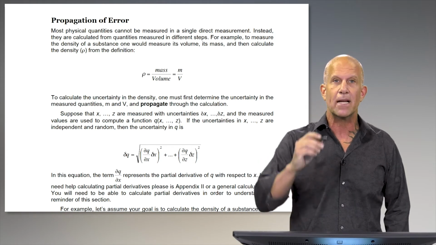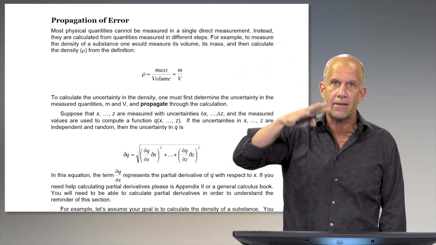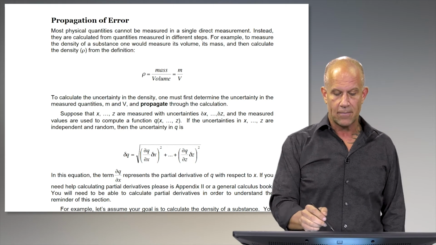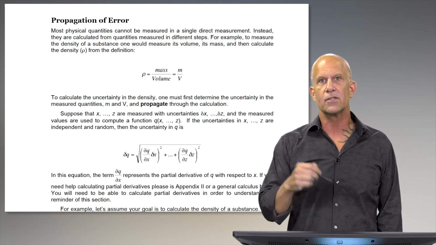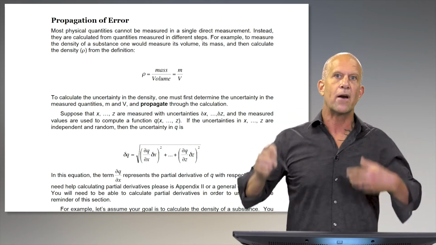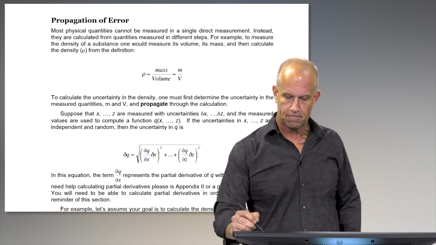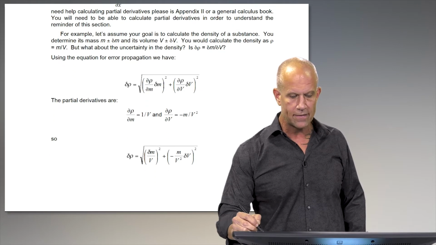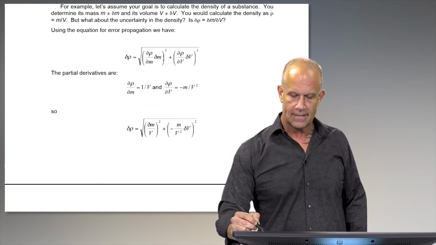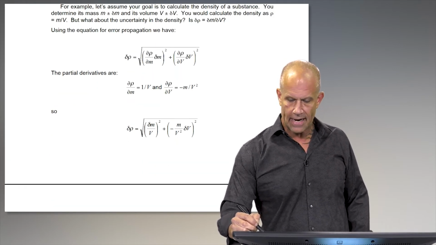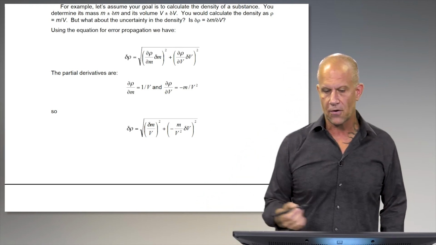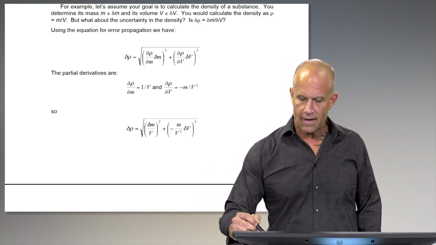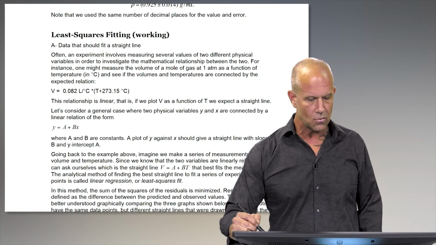And because you don't care if it's randomly fluctuating up or down, you end up taking the square root of the sum of the squares of each of those components. Then we give an example with this density equation and a few further examples as well. And this is shown quite a lot.